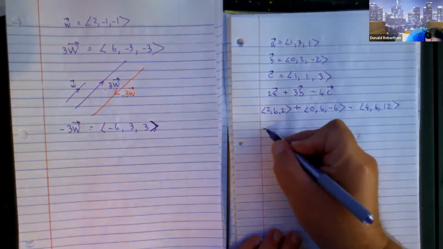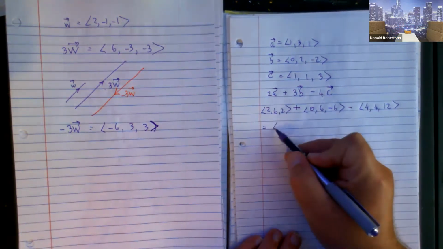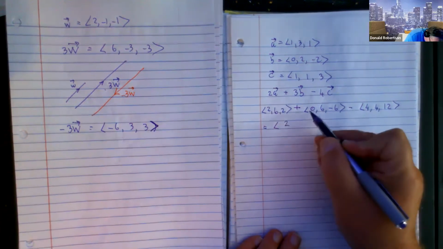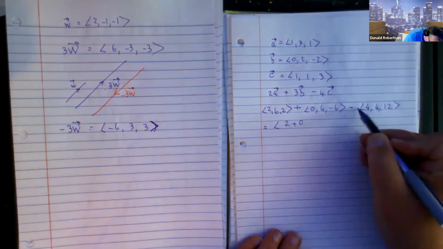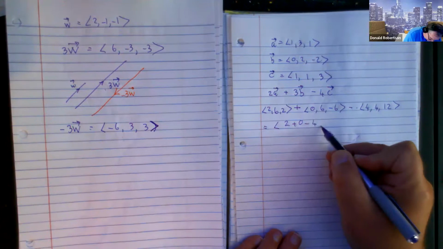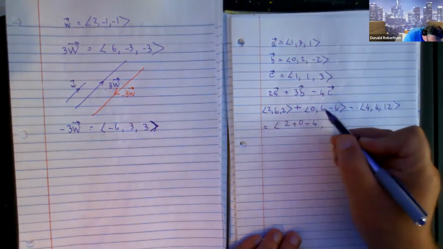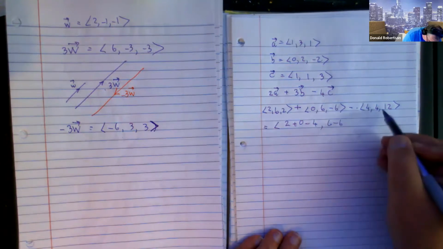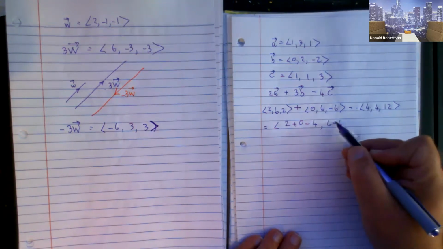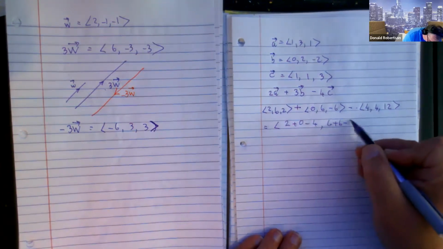You could then combine them. This guy plus this guy, take away that guy. That's the X component. The Y component, 6, add 6, take away 4, that's better.